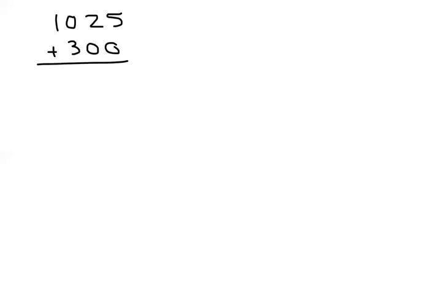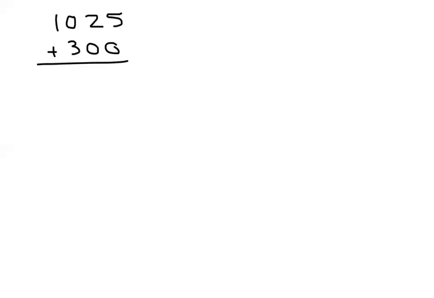It's about 300, right? So the further to the right your significant figures go, the more specific it is. But the least specific number limits your answer, which means that our answer can only be specific to the hundreds place.